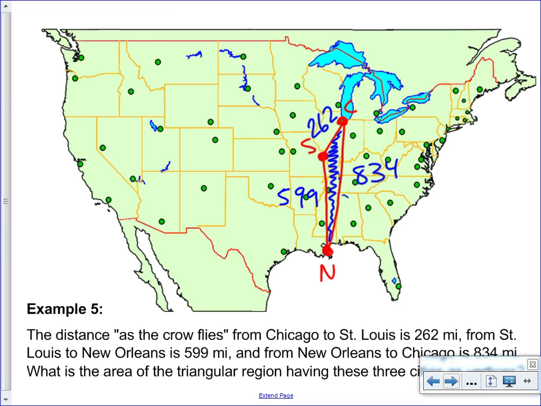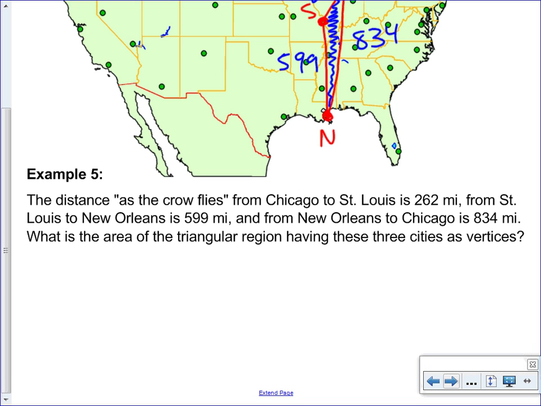Step 1. What is the first thing to find? Not just the perimeter. Semi-perimeter. Very good. So S is going to be half of 262 plus 599 plus 834.